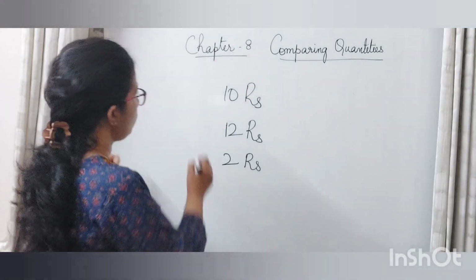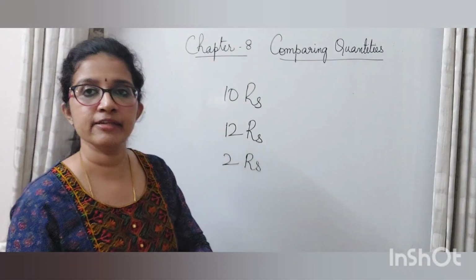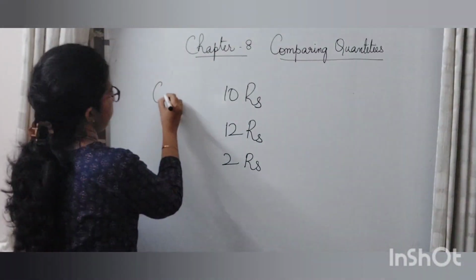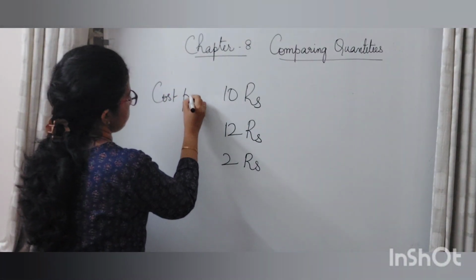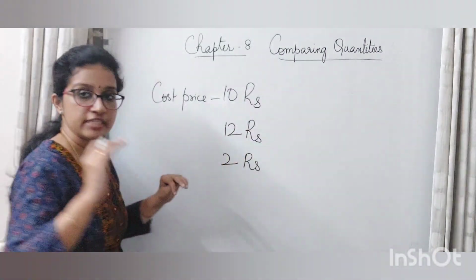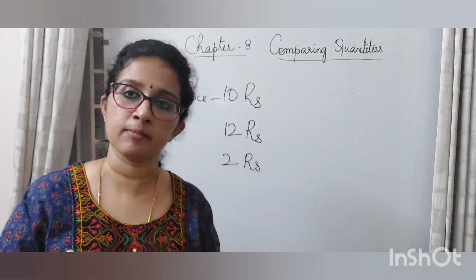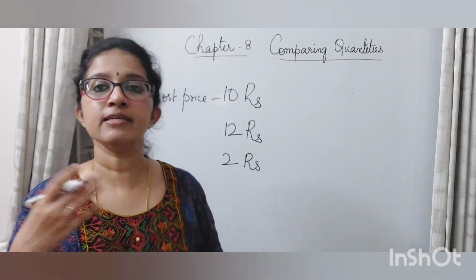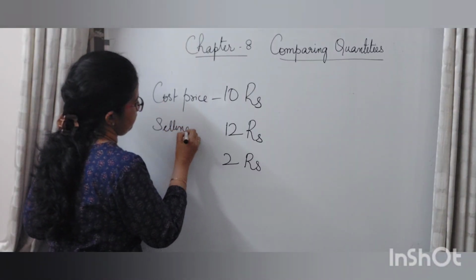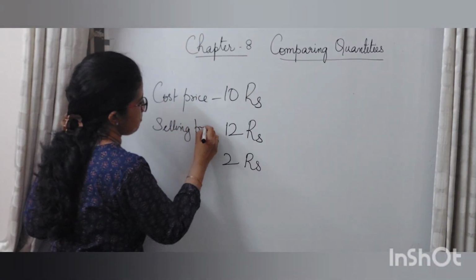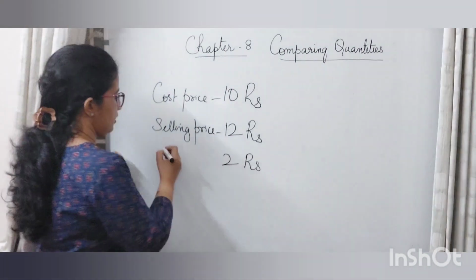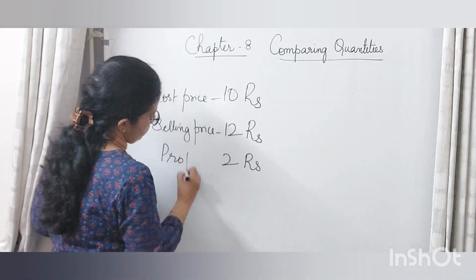Correct? Now, this 10 rupees which he is paying to the factory to get the biscuit is called cost price. This 12 rupees which he is getting from the customers while selling his biscuit is called selling price. This 2 rupees which he is getting out of it is called profit.